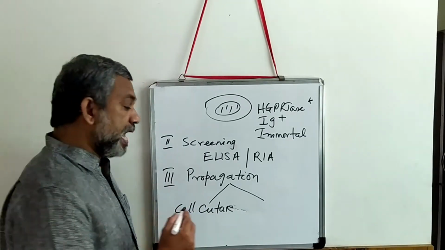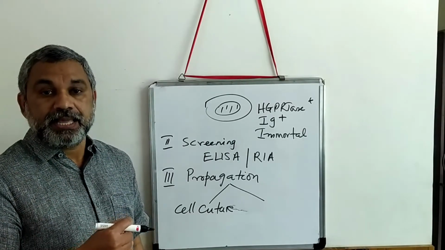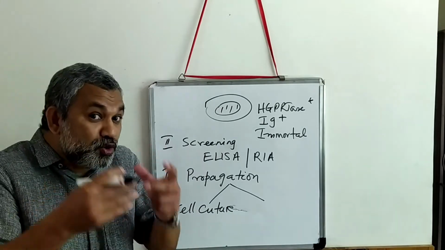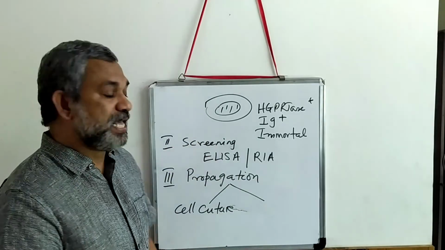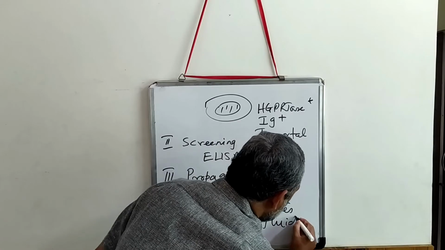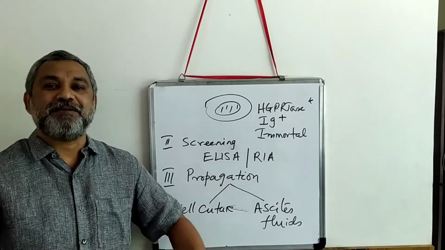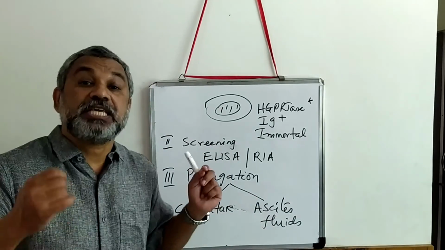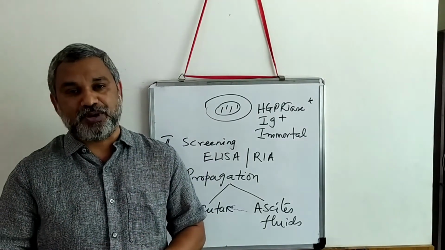Take an immunocompatible animal and inject the fused cells into the peritoneal cavity. The antibodies are secreted into the ascites fluid, and these monoclonal antibodies can be continuously separated, giving milligrams of monoclonal antibodies.